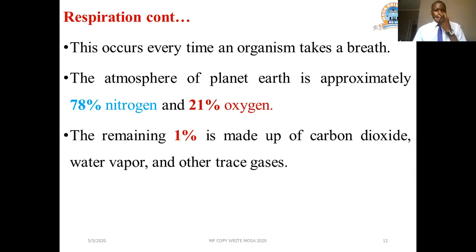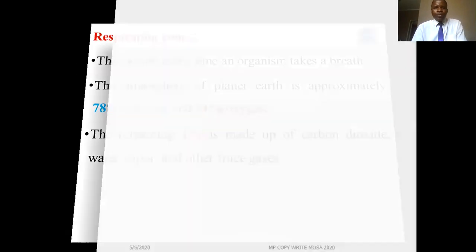The majority of the gas is nitrogen, followed by oxygen. Then 1% is made up of carbon dioxide, water vapor, and other trace gases, which are not very important, but they play some significant roles.